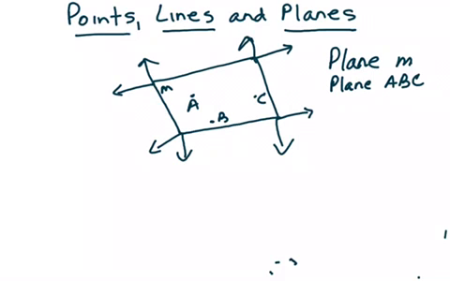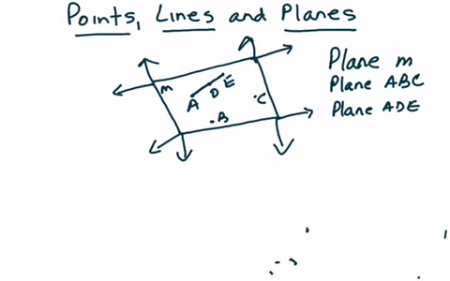Now, let me show you something else. If, however, there were 2 dots in a row, 2 points in a row that I could have combined like this, or let's even call it like this, then I cannot call it plane ADE.